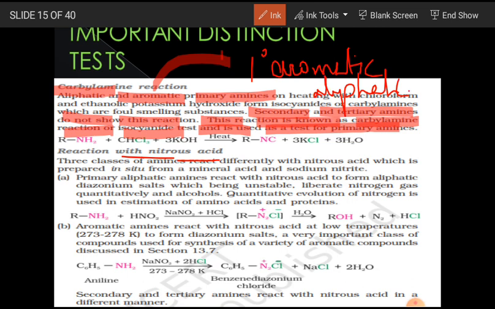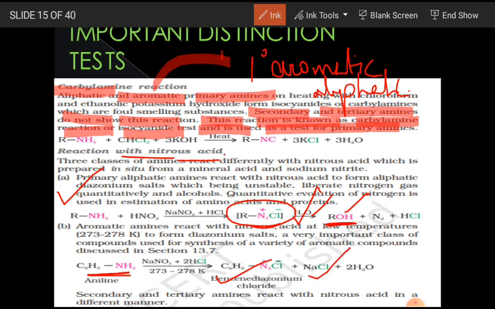Now, the next test is known as Liebermann's nitroso test, reaction with nitrous acid. Here also we can see that the primary aliphatic amine is undergoing the reaction. It is the same as diazotization. We get ROH in the final step. Here we get N2Cl and that on treatment with water will give us ROH. Here we have aniline, that also will give the same result as we expect from diazotization.